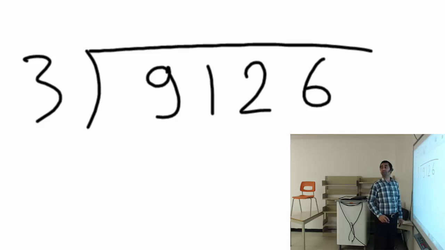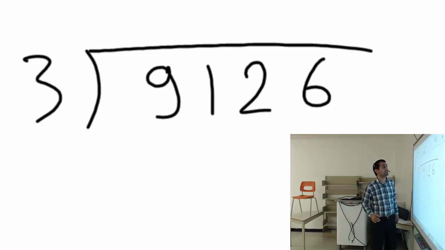In 9, how many 3's are there? In other words, 3 times what is 9 or bigger than 9? I know from the multiplication table, 3 times 3 is 9. So, in 9, I have 3 3's. You write this number on top of the number you are dealing with.